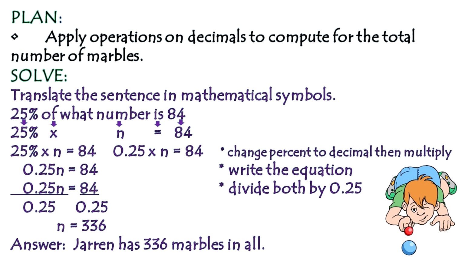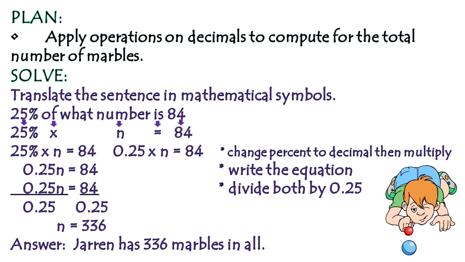So 0.25 times n equals 84. We write the equation: 0.25n = 84. Then divide both sides by 0.25. 0.25n divided by 0.25 gives n, while 84 divided by 0.25 gives 336. Therefore, Jaren has 336 marbles in all.